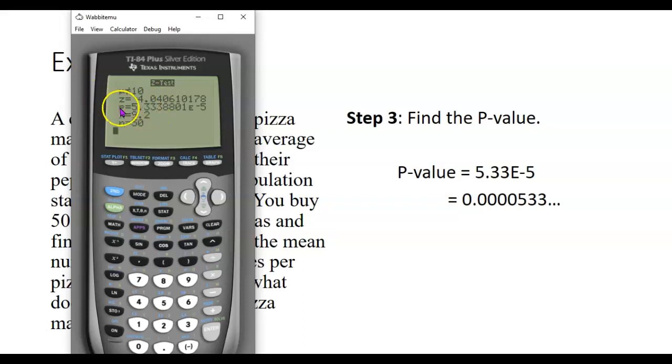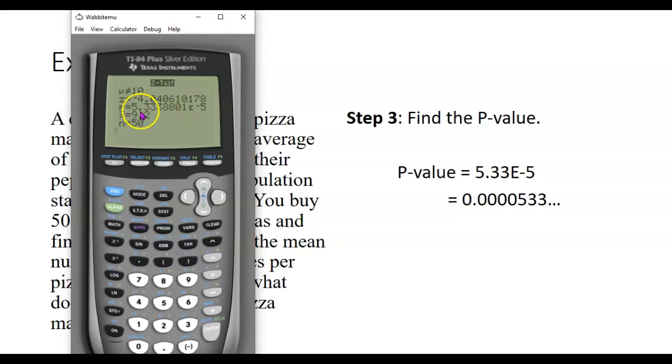If you're not looking carefully, you might think that p is about 5.3. But look here. See this e minus 5 on the end? That means it gave you the p-value in scientific notation. It's really 5.3 something times 10 to the negative 5 power.